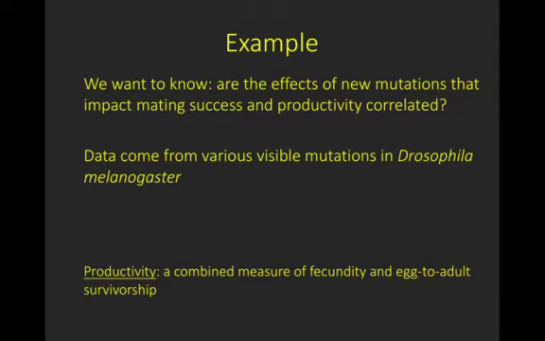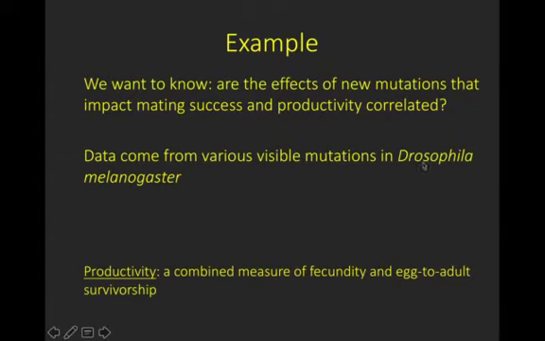So let's take an example. Drosophila melanogaster is a solid model organism. We use it for lots of different studies. And what we want to know is, are the effects of new mutations within Drosophila that impact the mating success and productivity, are those two correlated?